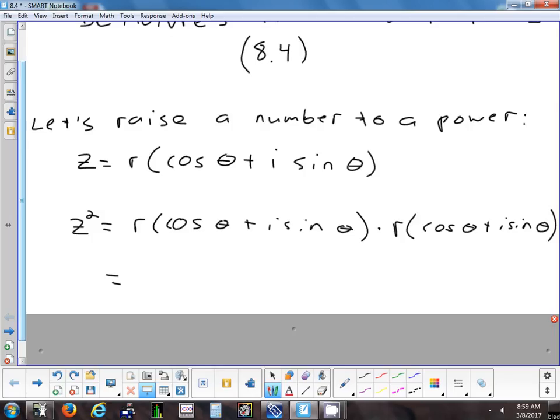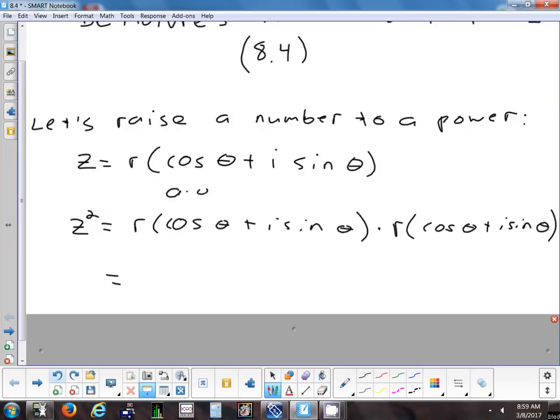Now one thing I could do is we have 4 factors here: 1, 2, 3, 4. Factors are separated by multiplication signs. So we have r times what's in the parentheses, times another r, times what's in the other parentheses. So first thing I can do is I can reorder when I multiply.